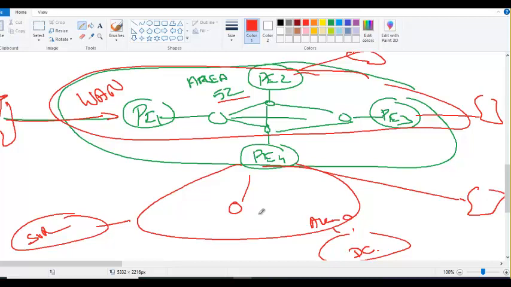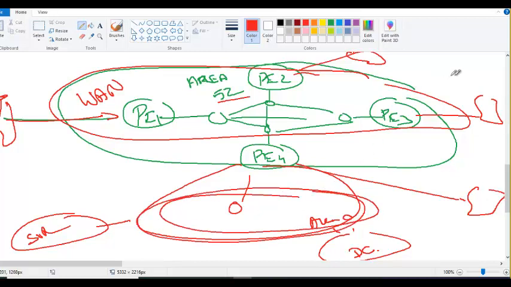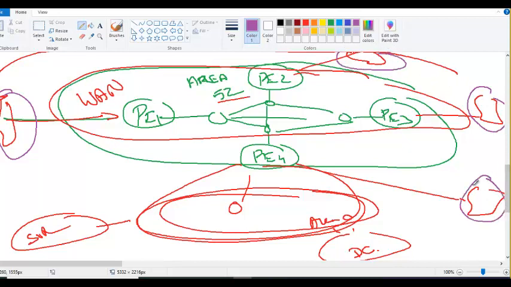Yeah, correct. No, this is the middle one. This is area 0. This entire thing is ISP. The entire thing you see in the picture is ISP except this. These are all customers connecting. The purple rounds or small rounds are customers. And this is area 1, this is area 2, this is the backbone area, and that is area 52.